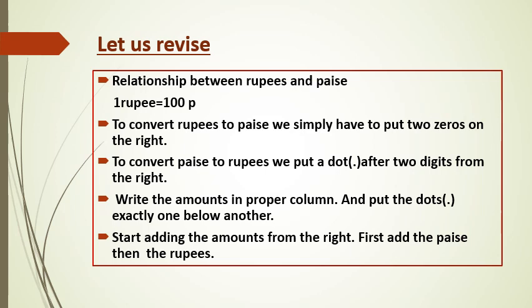Write the amounts in proper column and put the dots exactly one below another. Start adding the amounts from the right. First add the paise, then the rupees.